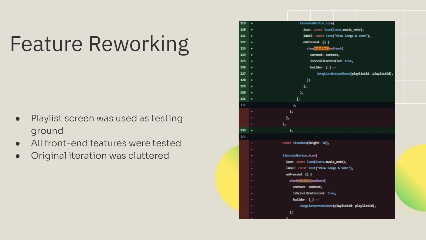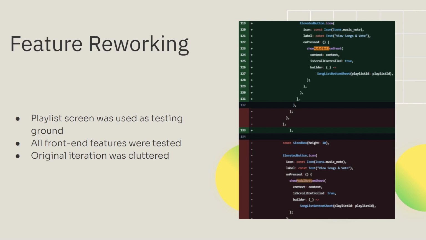I naturally felt like making the playlist testing screen I used into the actual screen that should be used to use the app in a normal use case sense. I felt like that was the best course of action. So everything that the user will interact with was tested and polished on the playlist screen. That's where everything is going to be for the user.